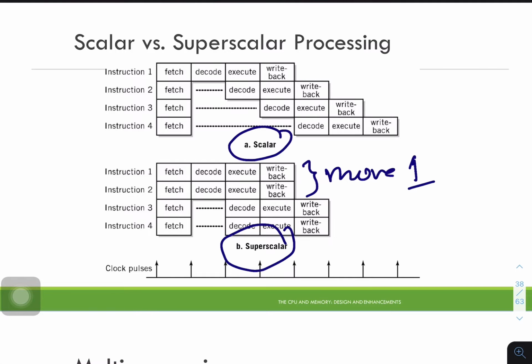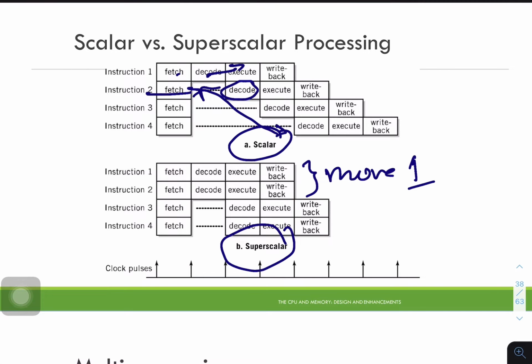Okay, as you can see here, the scalar, yang ni dia sama je macam pipelining. Superscalar ni, scalar ni pipelining lah. So when instruction 1 has done the fetch, then masuk kepada decode, dan instruction 2 boleh masuk kepada fetch, dan bila instruction 1 dah selesai masuk kepada execute, instruction 2 can have the decode.